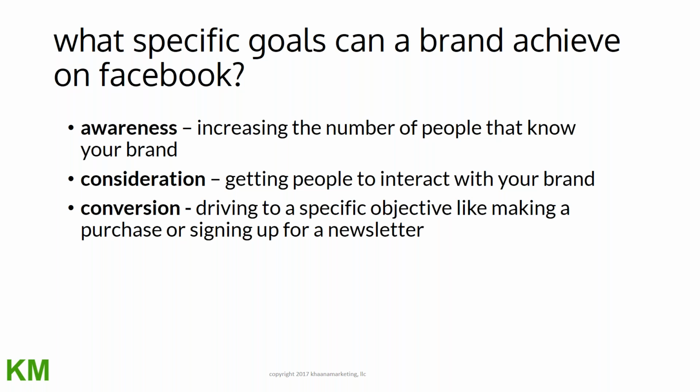That might be going to your website, doing searches in the product locator, or watching a video so they can understand a little bit more about your brand and your company. Those are all what we consider to be in the consideration stage. And then finally, we can actually take that user all the way to a purchase or some type of commerce-related event.